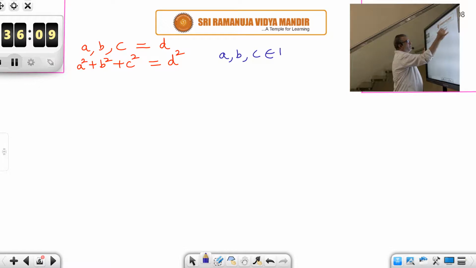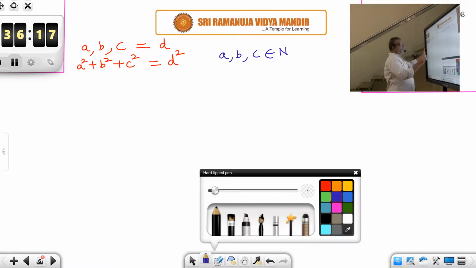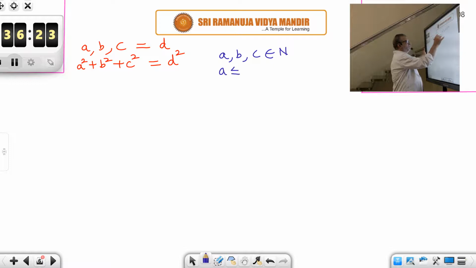And let us put one more condition also: A less than or equal to B less than or equal to C less than D. Let us put them in order. Smallest one is A, next one is B, next one is C. The right side number, of course, is the greatest one.